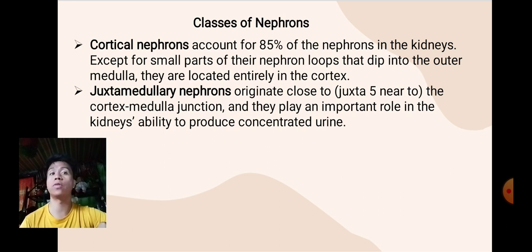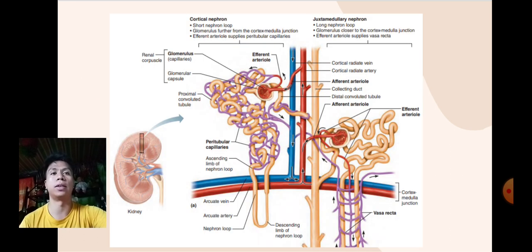Except for small parts of the nephron that dip into the outer medulla, they are located entirely in the cortex. The juxtamedullary nephrons originate close to the cortex-medulla junction, and they play an important role in the kidney's ability to produce concentrated urine. Concentrated urine will be discussed by my partner later on.